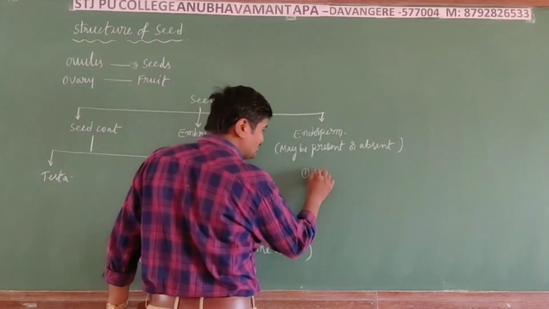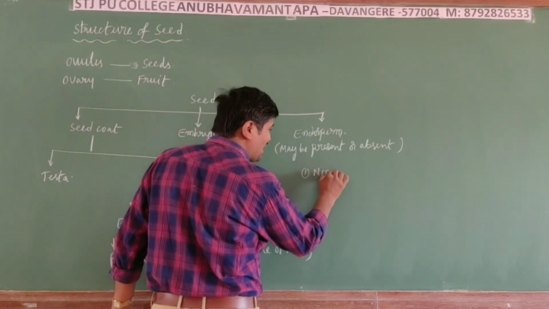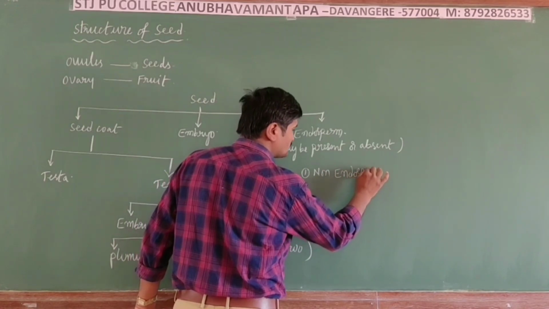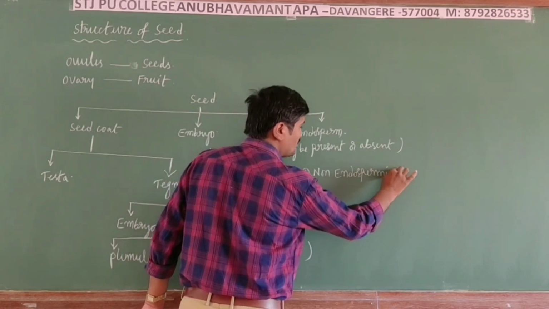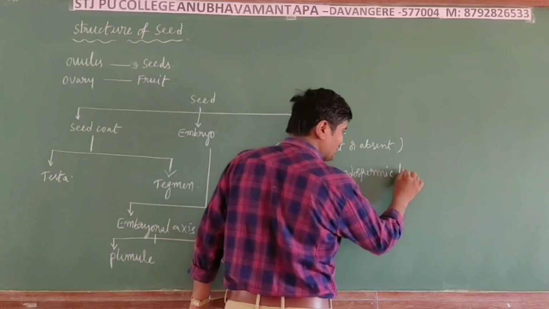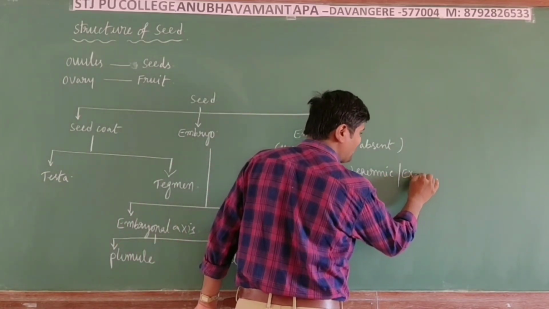One is a non-endospermic seed. Non-endospermic seed is also known as exalbuminous seed.